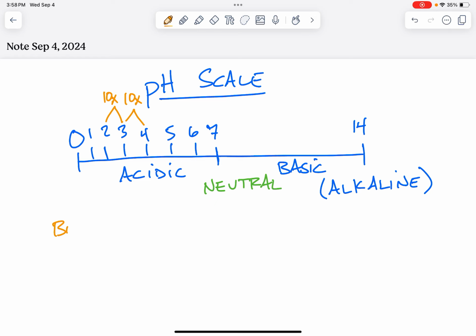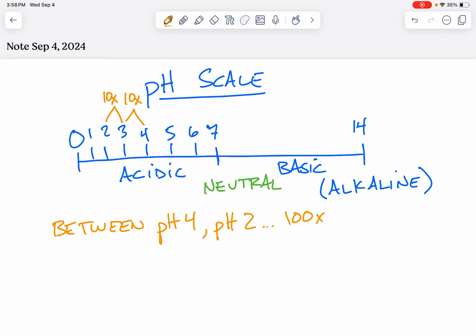So between pH 4 and pH 2, it's 100 times difference. How we got that is that we took 10 times 10 to equal the 100. So when we're talking about differences in pH, the difference between two pH values is quite a lot.